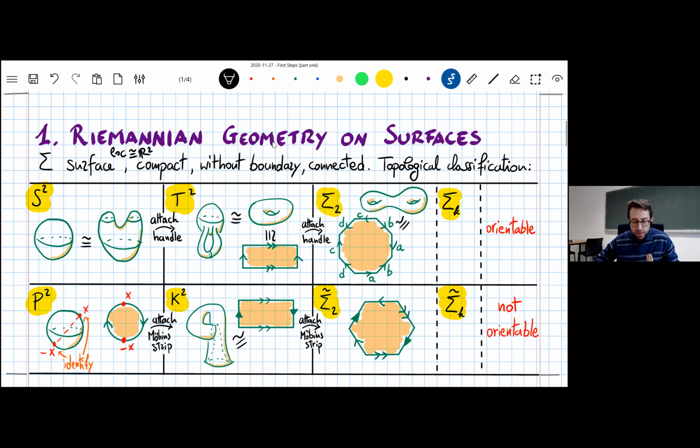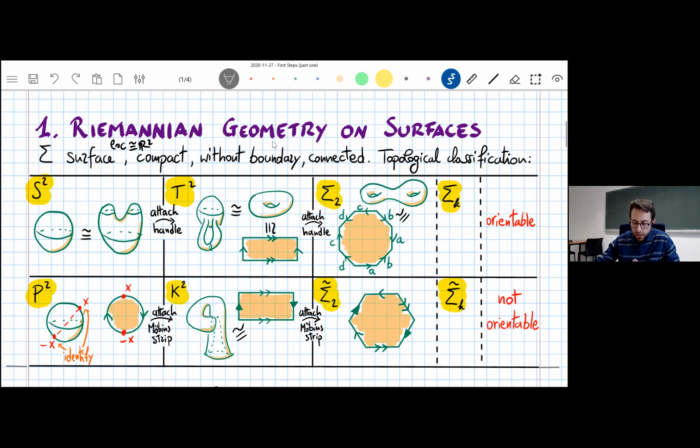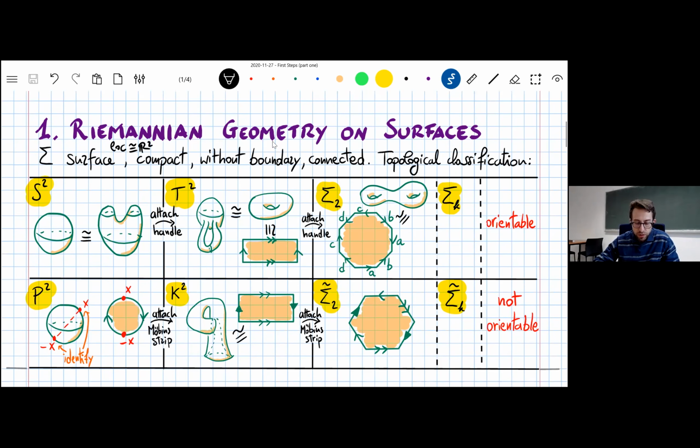Okay, and for us, a surface as a first thing is a topological object. So there is still no geometry entering the picture, and topology then allows us to classify surfaces.